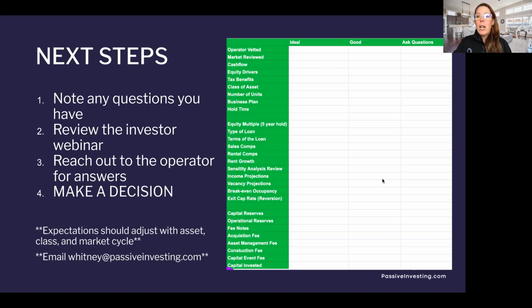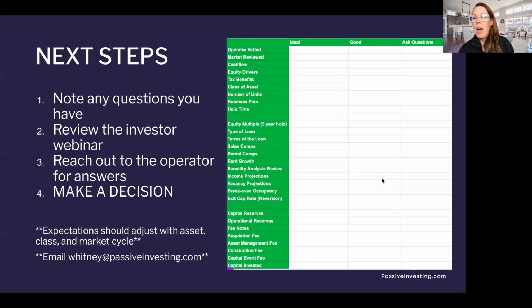Most operators charge a 1 to 3% acquisition fee, so you're probably landing at an average of 2%. If 2% only means $100,000, but you want to see them have like $1 million in the game, are they filling in that gap? So the question on screening would be, does the general partner co-invest in the deal above their acquisition fee?